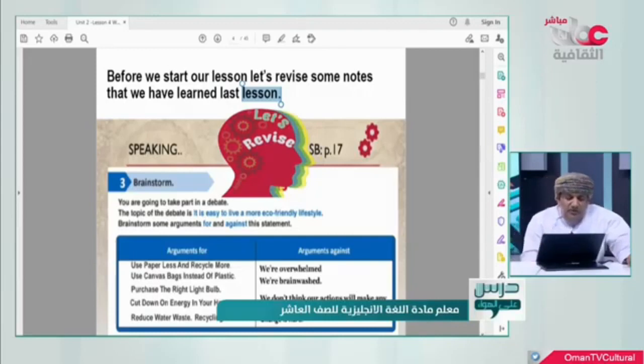And you have two phrases, agreement for and agreement against. What does agreement for mean? It means you are agreeing with this person. Also, what does agreement against mean? It means disagreement. You are not agreeing with the other person.